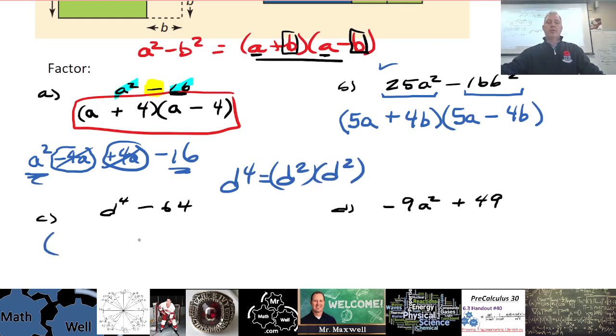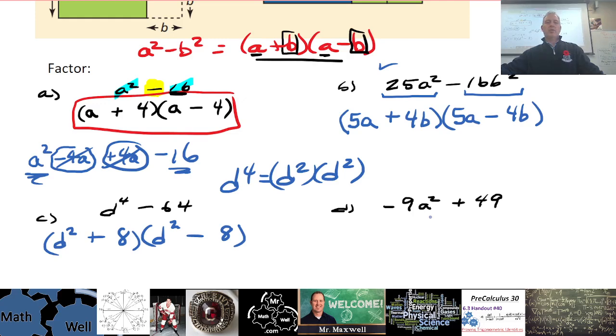So yes, that's a perfect square. And of course 64 is as well. It's 8 squared. So this is d squared here and here. They have to be the same, the square root of that. And then this is going to be 8 and 8, plus and minus, done. Questions about that one?